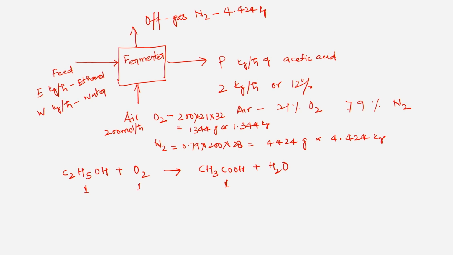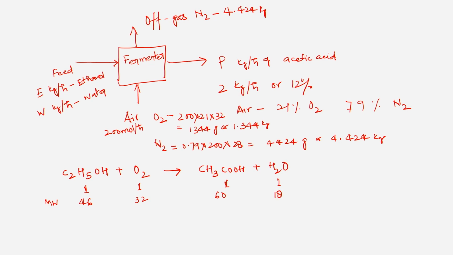It requires 1 mole of oxygen and 1 mole of water will also be produced. Considering this, we already know the molecular weights: ethanol is 46, oxygen is 32, acetic acid 60 and H2O is 18.